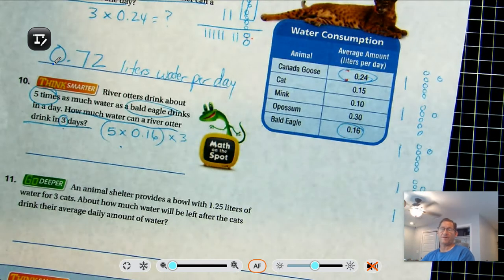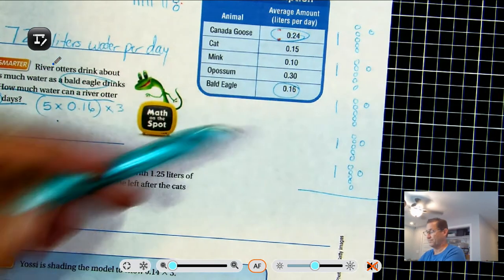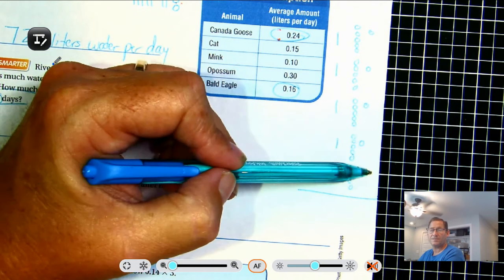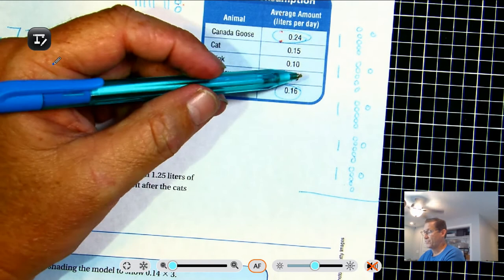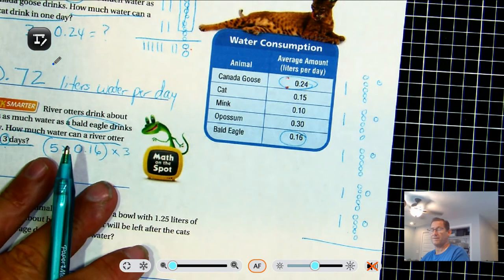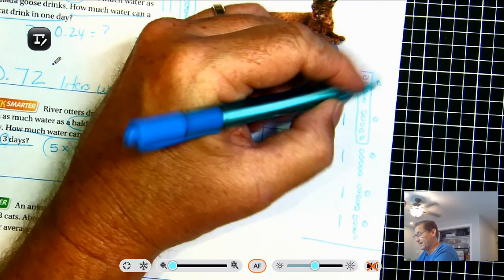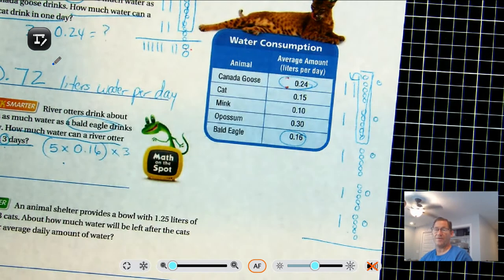All right, so we have 5 groups of 16 hundredths. Combine the hundredths. 5, 10, 15, 20, 25, 26, 27, 28, 29, 30. So we have 30 hundredths. I can take 10 of those hundredths and trade them for 1 tenth.